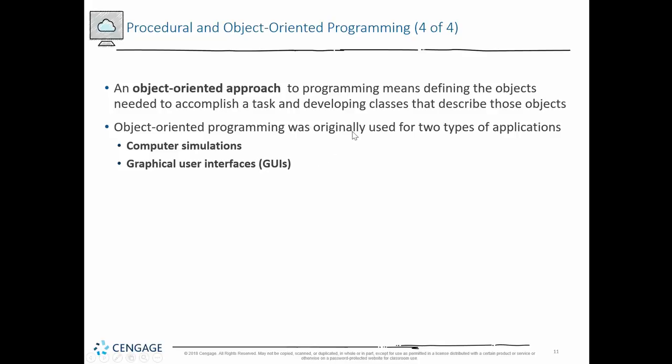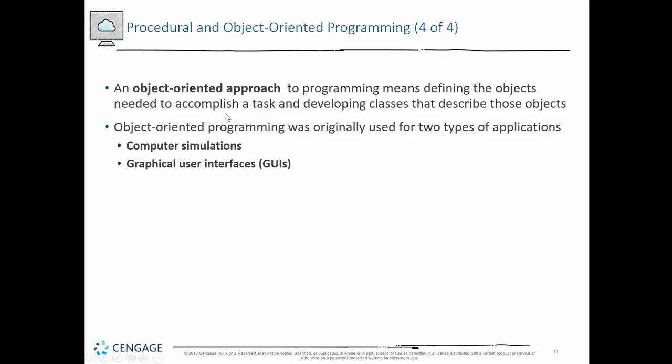So as mentioned here, an object-oriented approach to programming means that you define objects, yet it's even higher up than that. First, you create classes, which are blueprints for objects, just like a blueprint for a house. Then you define the objects based off of that class. These objects are whatever objects you need to accomplish whatever tasks you're trying to create.